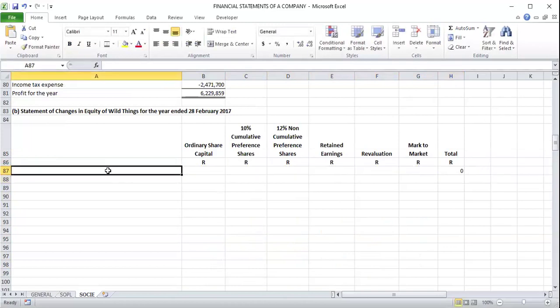Right. We have balances at the beginning of year. Were given.